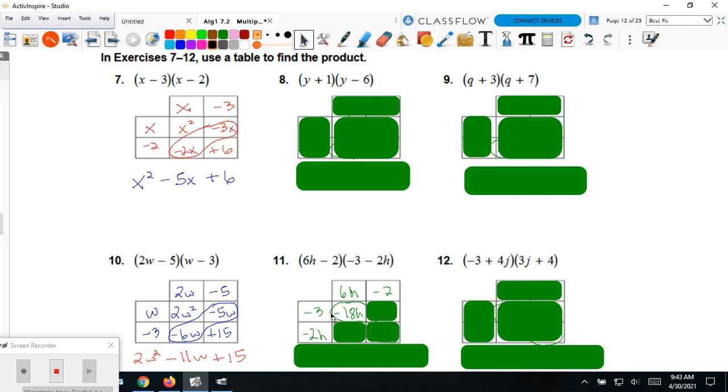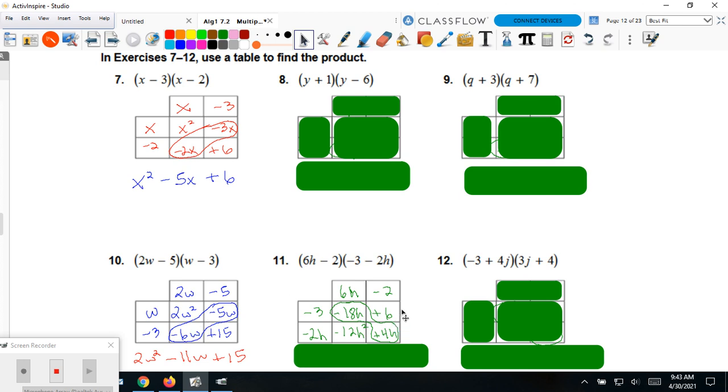Negative 2 times negative 3 is a positive 6. 6h times negative 2h right here is going to be your negative 12h squared, and then negative 2 times negative 2h is positive 4h. So what we're noticing on this one is just kind of the order is a little bit mixed up than the one over here.